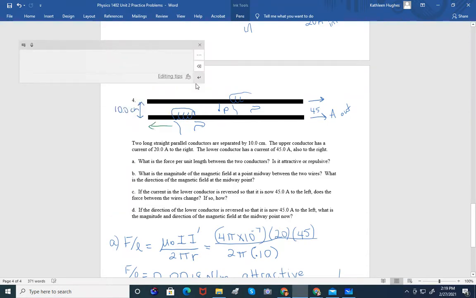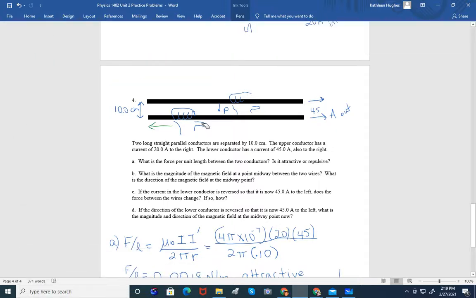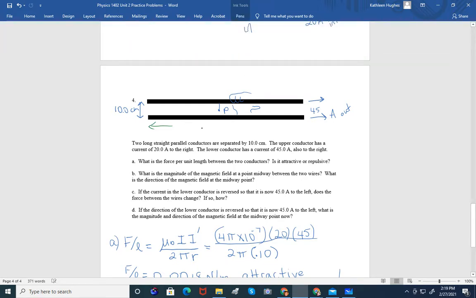when I grab it with my hand now, I'm going to be grabbing it like this, my right hand. My fingers are going to be on this side now.